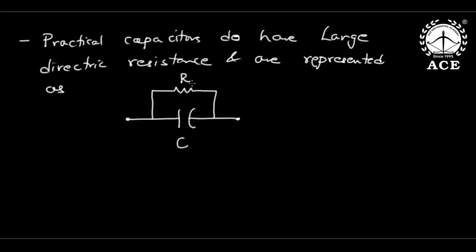This R represents the dielectric resistance, that is, the insulator resistance. It can be mega or giga ohms like that.